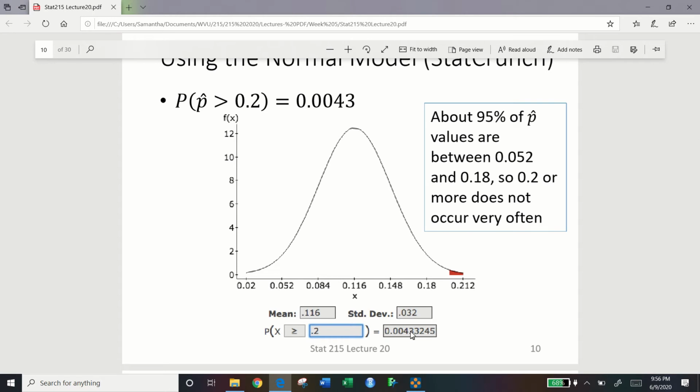This means about 95% of p-hat values are between 0.052 and 0.18. So 0.2 or more does not often occur. We can even see this visually in our normal distribution curve.